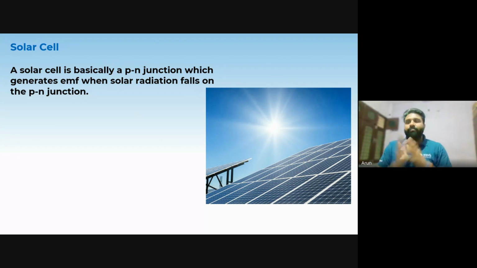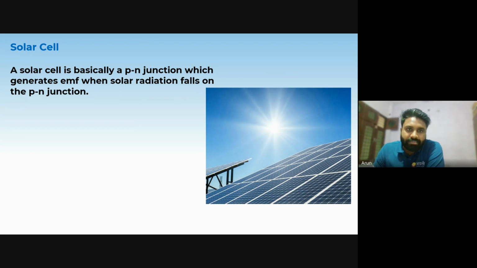It will give us the voltage. It absorbs the light and converts the light energy into electrical energy that we can use for charging the battery, for the LED, for our household applications. Okay, and in satellites also.